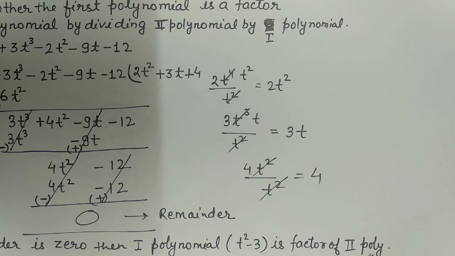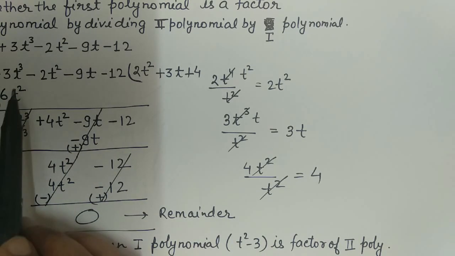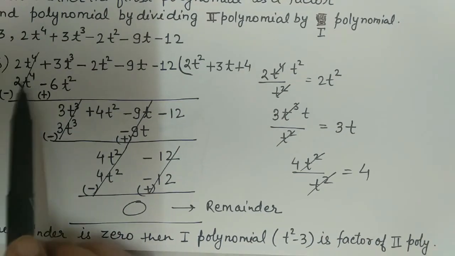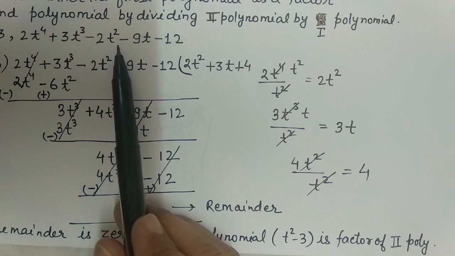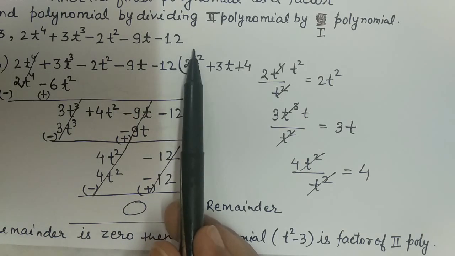And what was the second polynomial? The second polynomial was 2t to the power 4 plus 3t cube minus 2t square minus 9t minus 12.